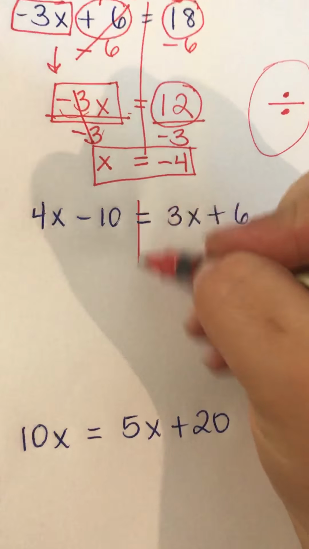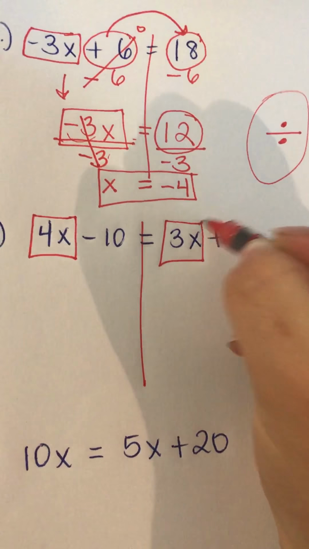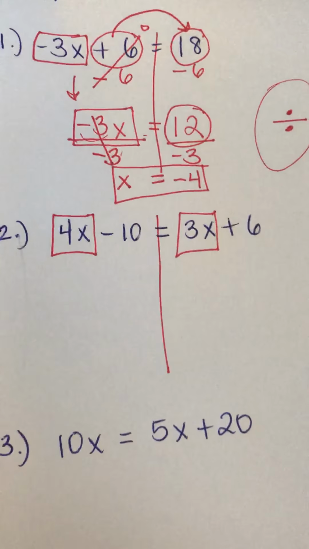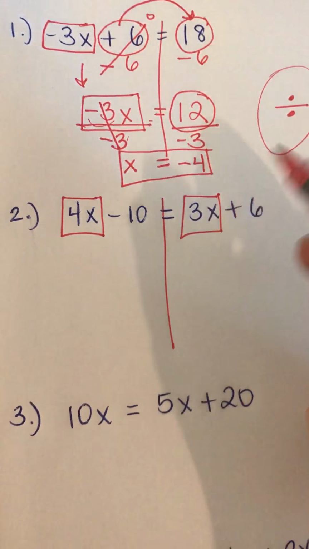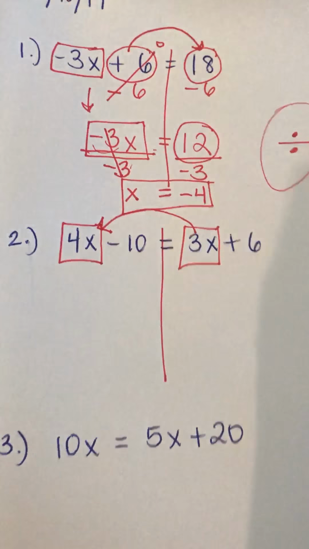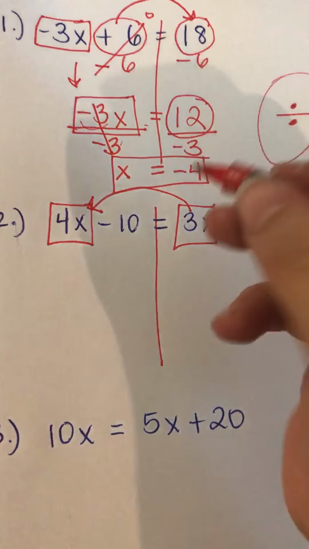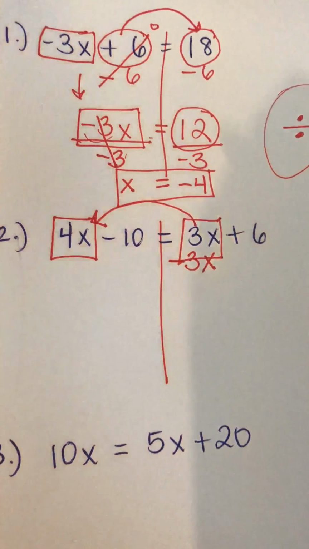Okay, so similarly, this one has one variable here and one variable here. So I need to get the variables together first. This one is bigger, so I want to move my 3x to go with the 4x. It's a positive 3x, so to move it across an equal sign, I do the opposite of addition, which is subtraction.